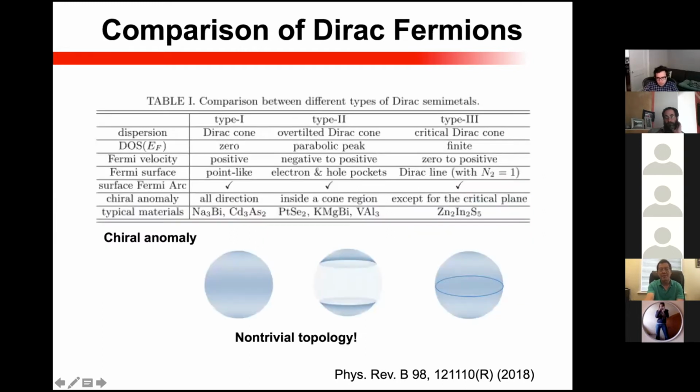You can compare, in the condensed matter physics community, the topological properties and the transport properties of these three types of Dirac cones, as I list in this table, and their topological properties are different, which are not of interest here, so I will skip.